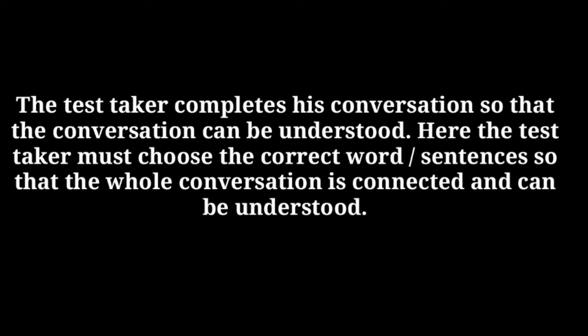The test taker completes the conversation so that it can be understood. Here, the test taker must choose the correct words or sentences so that the whole conversation is connected and can be understood.